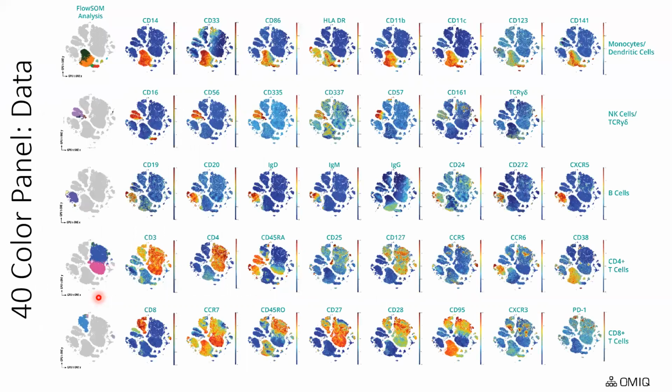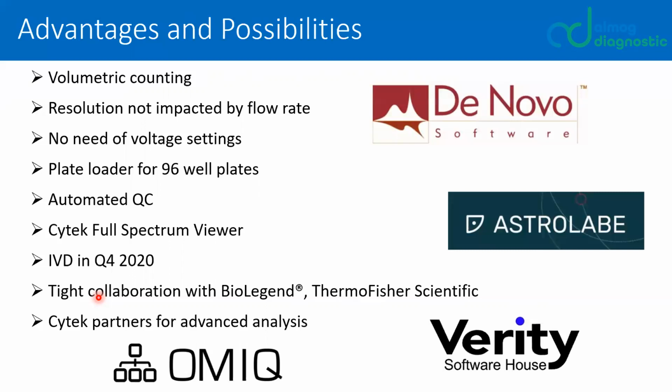And of course, Cytek have also established partnerships with software companies like FCS Express from De Novo, Astrolab, Verity, Omiq. All these companies are offering flow analysis software for advanced analysis of flow data.